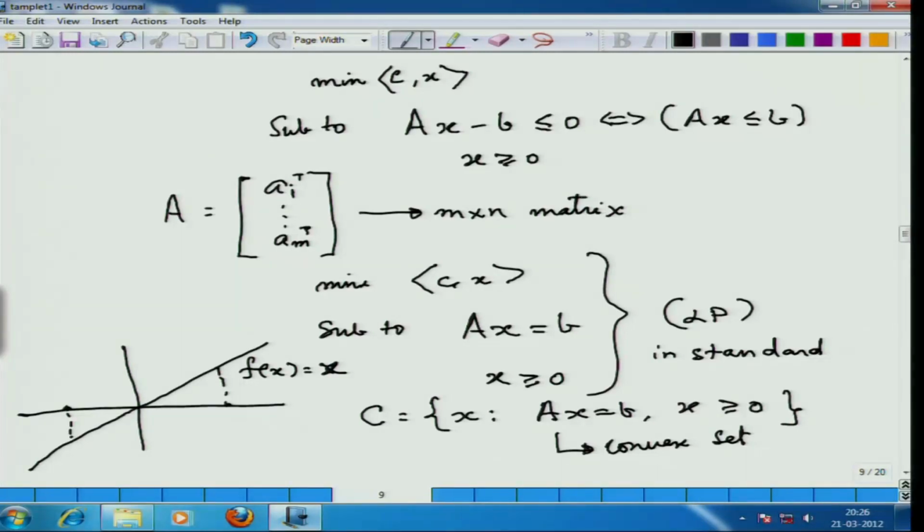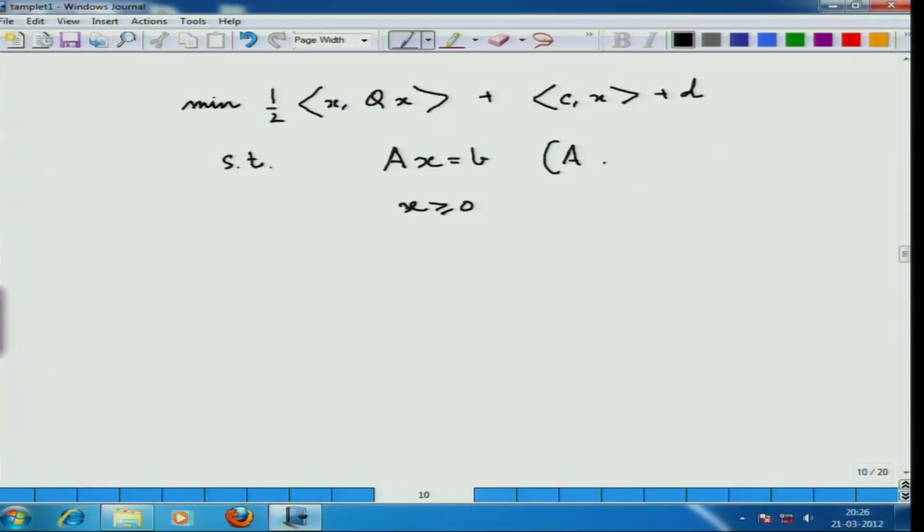Usually when we study linear programming, it is taken to be full rank, but that is really not necessary when you discuss the theory. So, A is again an M cross N matrix and b is obviously in R^m, which I do not have to tell you.